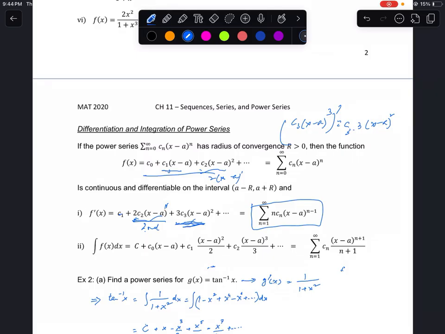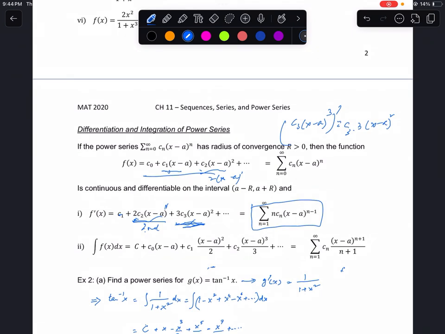Now in the same way, we can anti-differentiate, or integrate, or find the integral. So the integral of f of x dx will be equal to, now you know how to integrate term by term, but we will have a constant of integration. Usually we put it at the end, but now let's put it in the beginning because our function is in increasing order.